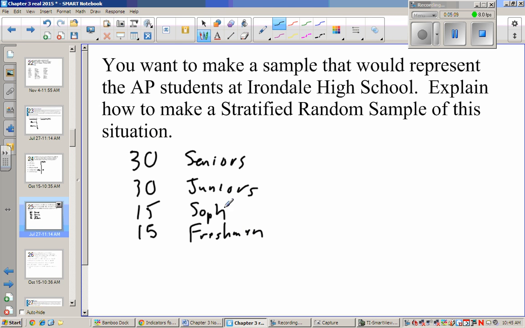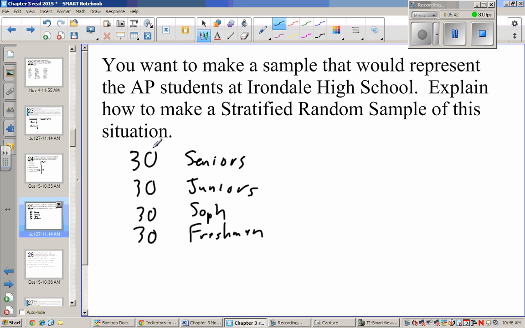That would definitely be isolating this, so you're getting a higher representation of juniors and seniors. And so maybe somebody else wouldn't like this, so they would go in and do an equal representation where there's 30 of each. Even though this isn't proportionate, because there's not an equal number of students in each grade, it's all right to do this. Just keep in mind whatever you do is going to affect how you can talk about your results.